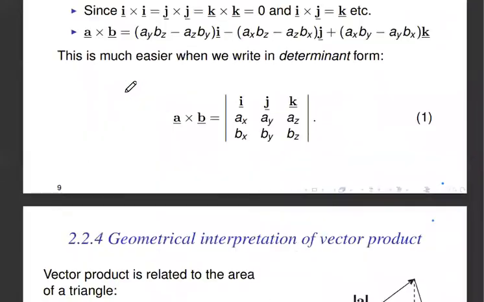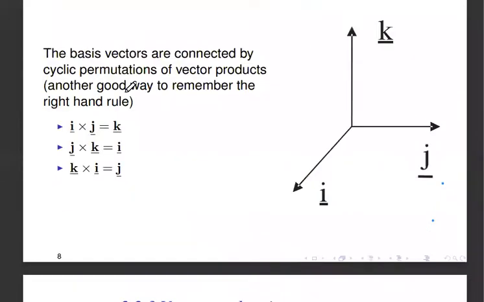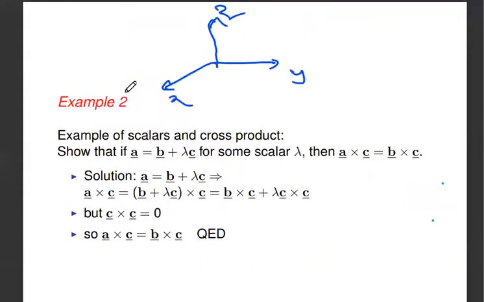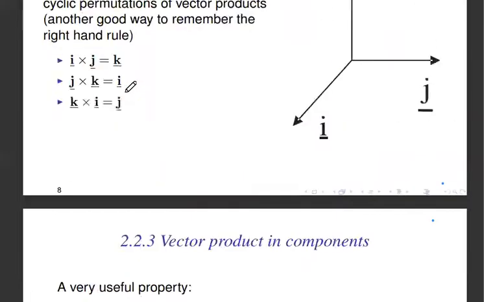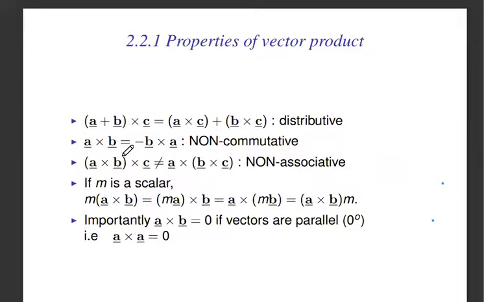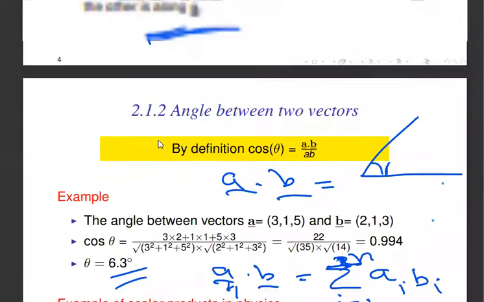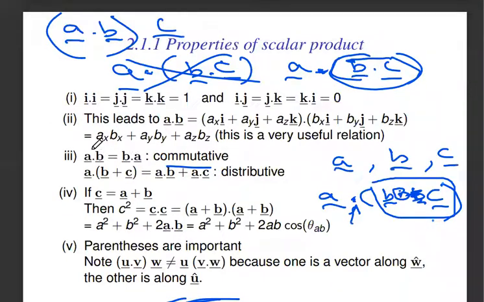The cross product is non-commutative. You cannot interchange A and B, but in the dot product you can interchange them and you get the same quantity.